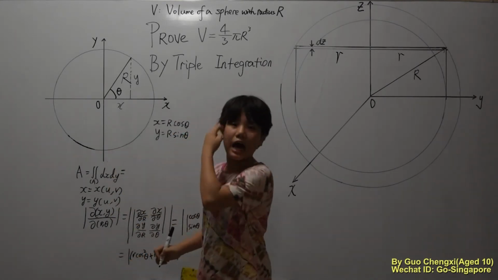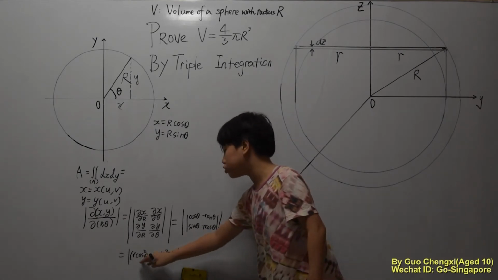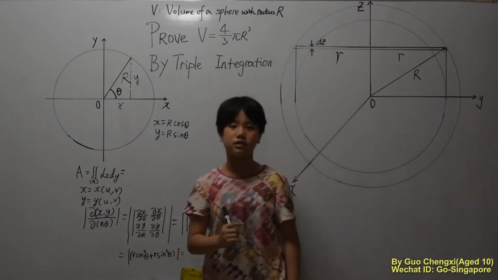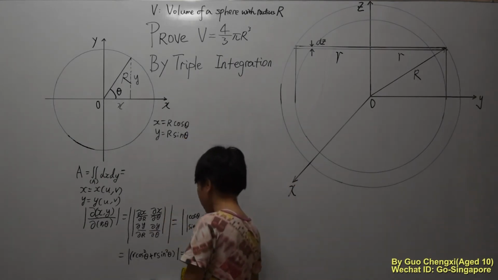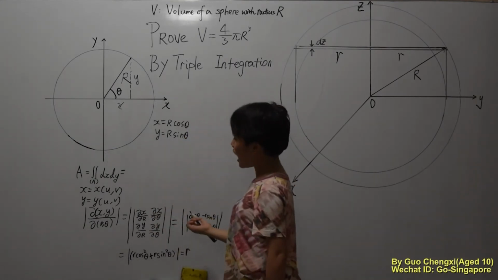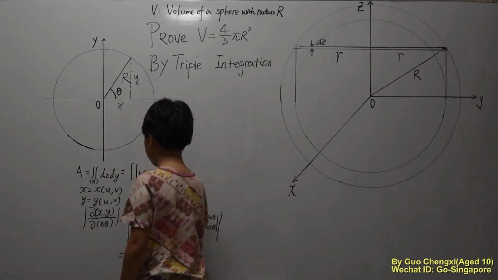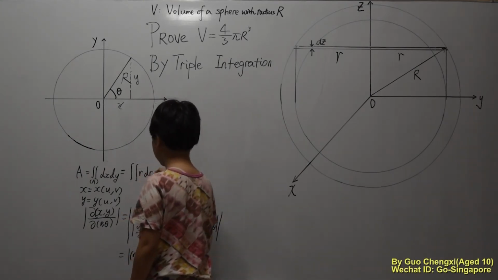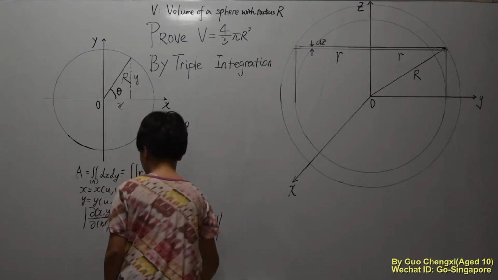So over here there's an identity, whereas if we realize these two have the r, so it becomes cosine square theta plus sine square theta. And what does that equal to? It's equal to 1. So basically this is just equal to r. So all these will become r dr, wrong, wait, it's the wrong r, okay.